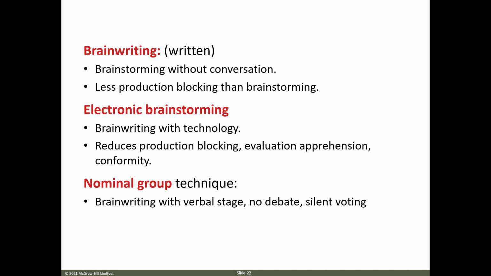However, when we have nominal group, it is verbal, but there's no debate. People share their ideas one by one, and then there's a kind of system for voting silently. And some companies believe that nominal group would be more effective because we don't want to have verbal conflicts. We want to reach a conclusion faster.